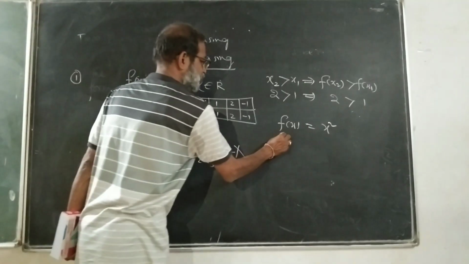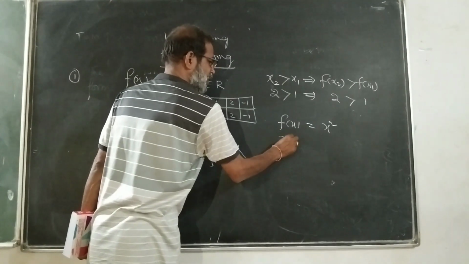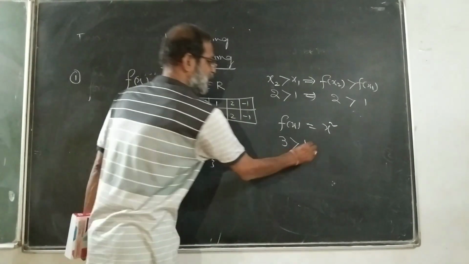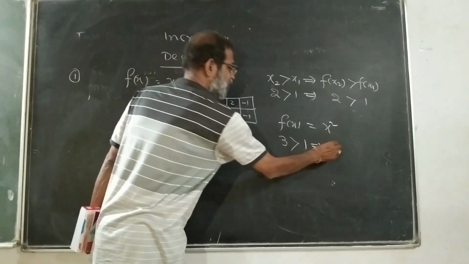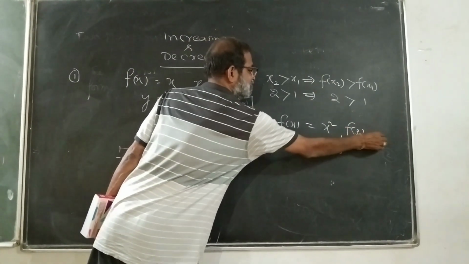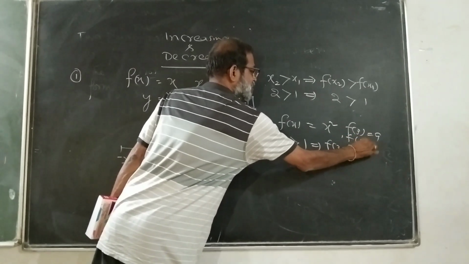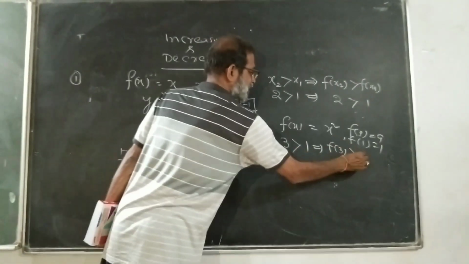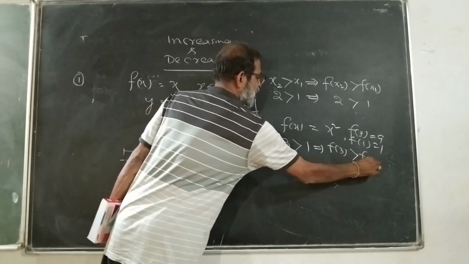Similarly, suppose f(x) equals x square, and any number you choose. Suppose 3 is greater than 1. Then f of 3 is 9 and f of 1 is 1. So f of 3, 9, is greater than f of 1.